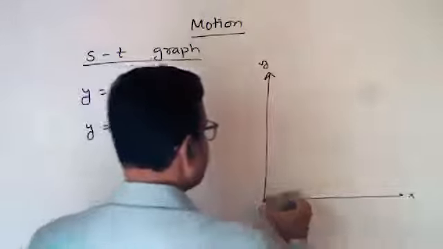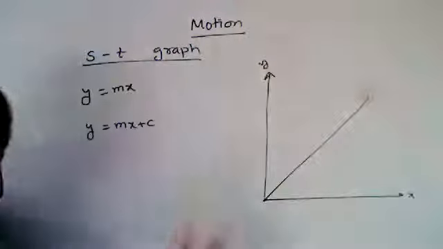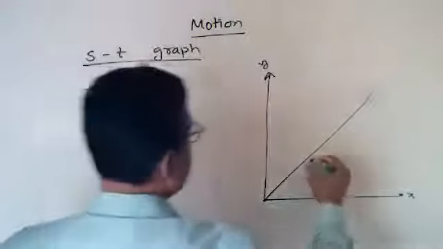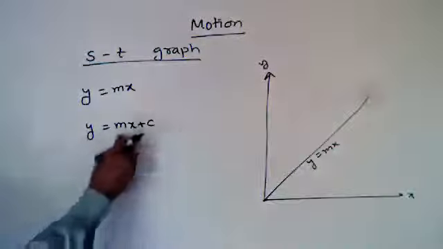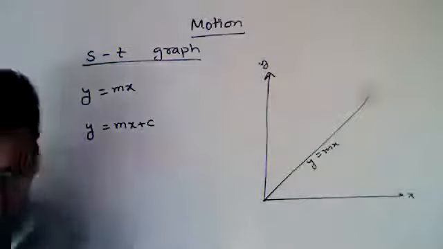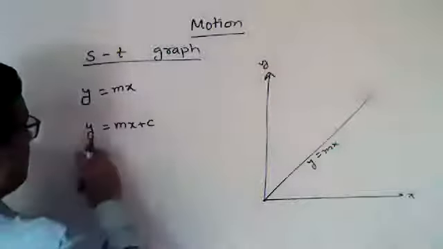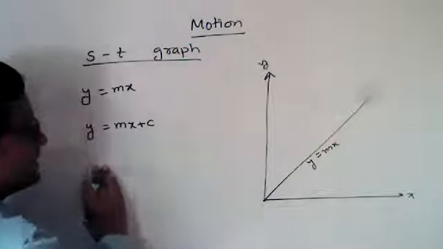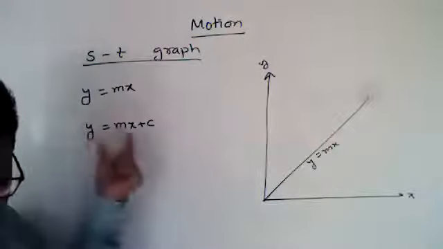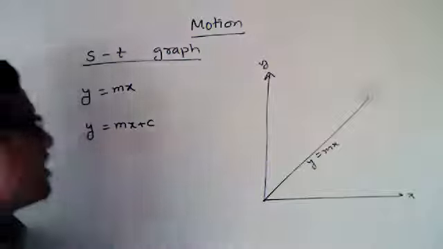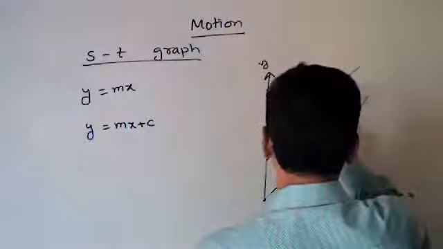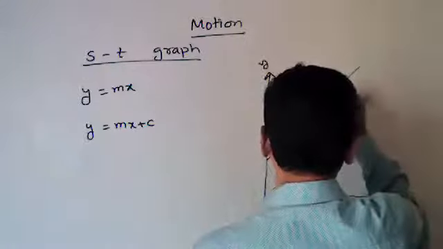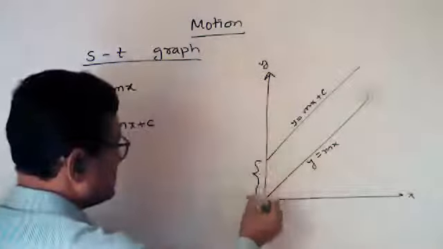The line will be a straight line through the origin. Y equals mx plus c is also a straight line, but it cuts off a part c on the y-axis.